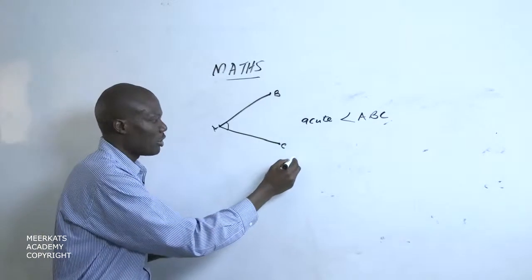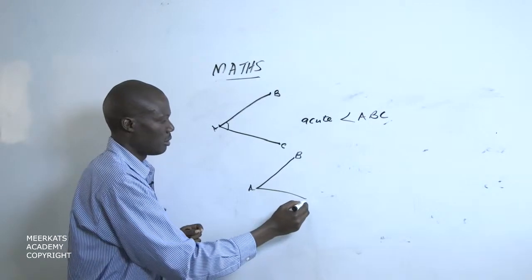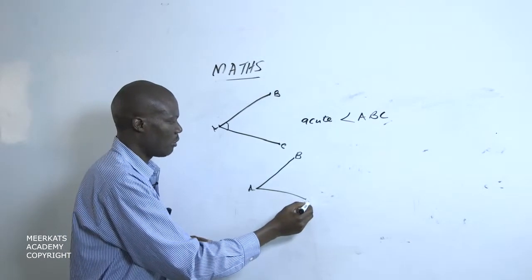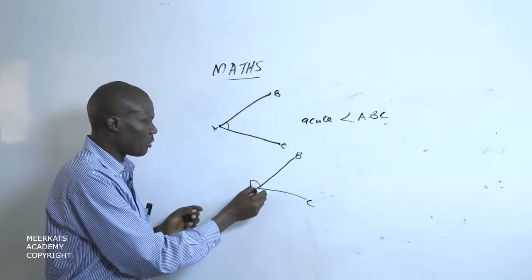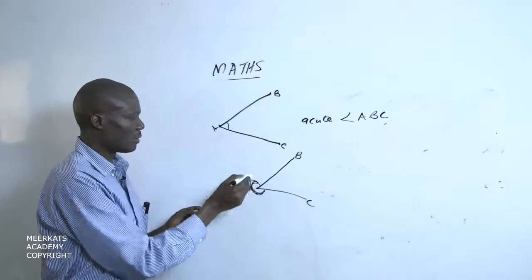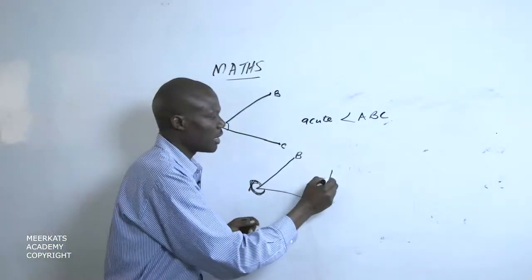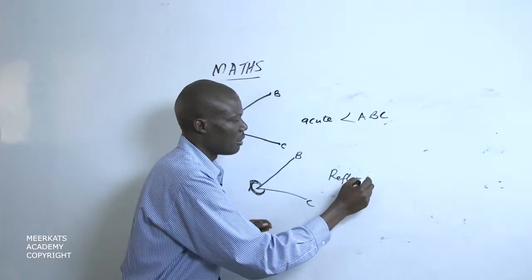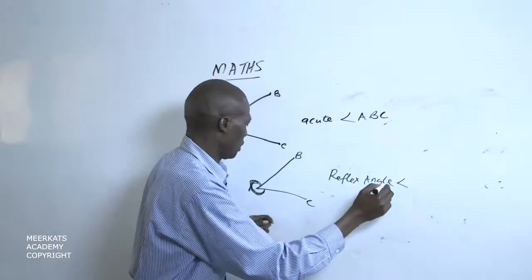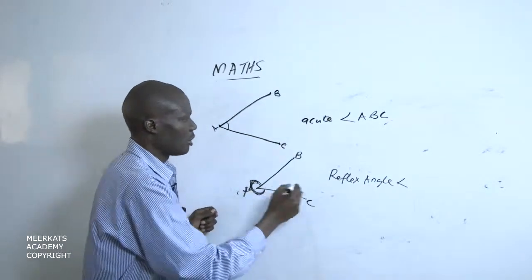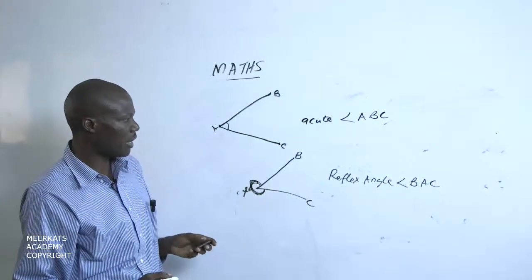However, we can also have the same being shown, that this time round it's from the outside. So we are running the angle from here all the way back here. This one is a reflex angle. It is a reflex angle, and we shall call it, this point was A, so angle BAC.